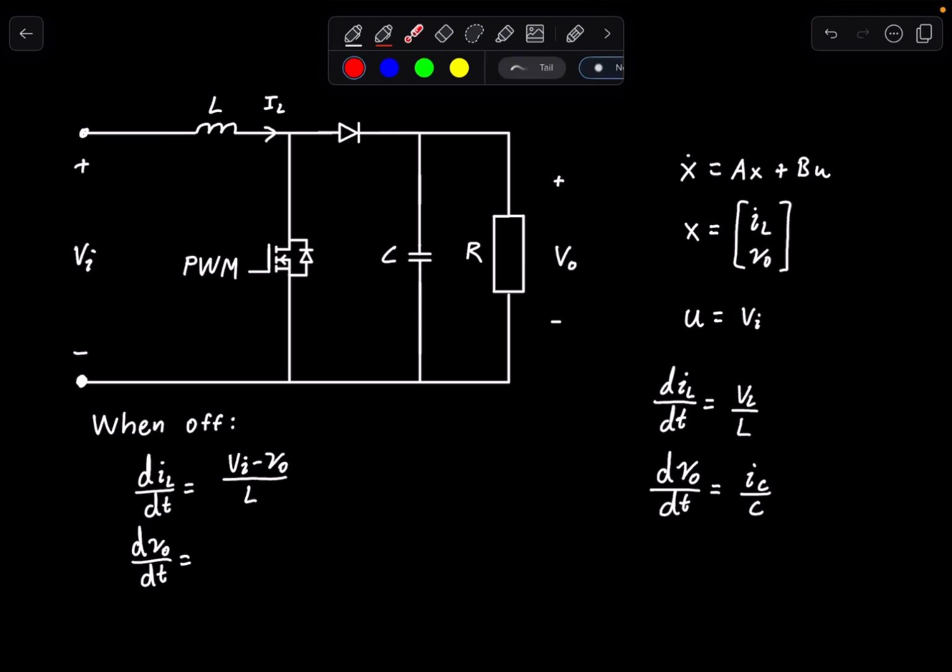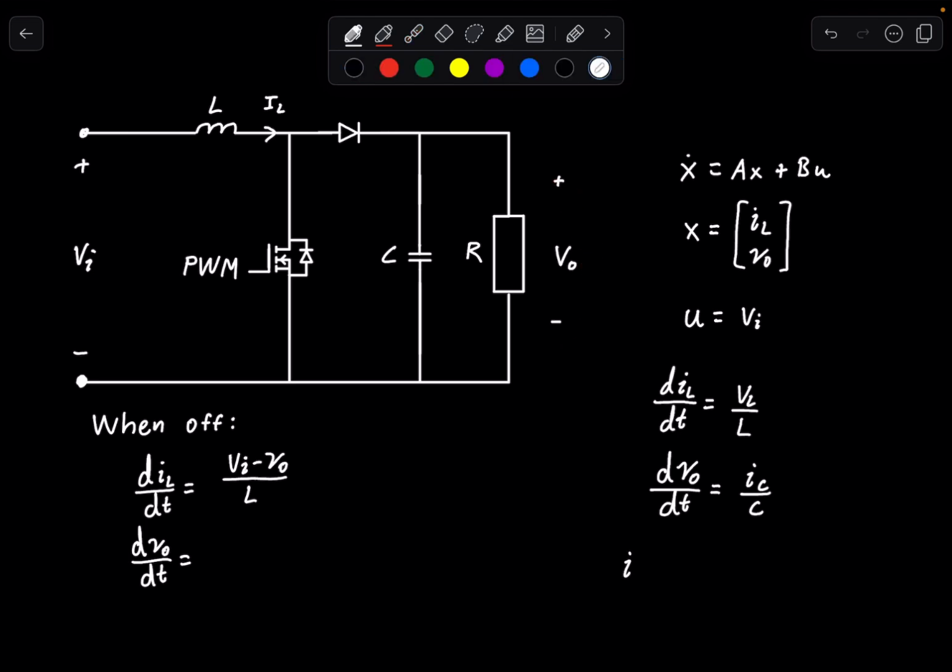So because the MOSFET is off, all of the current going through the inductor is going through the diode as well over to this side of the boost converter. So the inductor current is equal to the capacitor current plus the current on the output side.